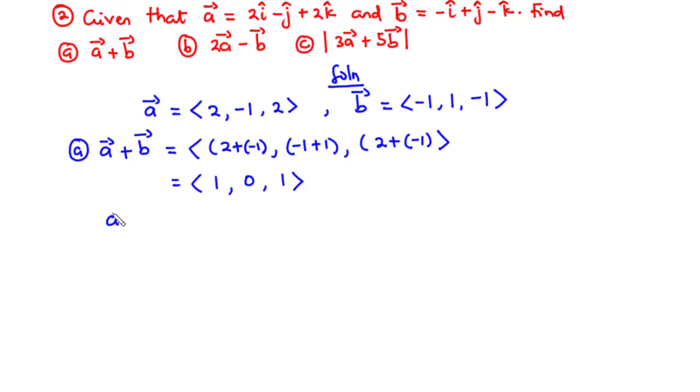Therefore, the vector A plus B is equal to i cap. The y component is 0, so we have i cap plus k cap.